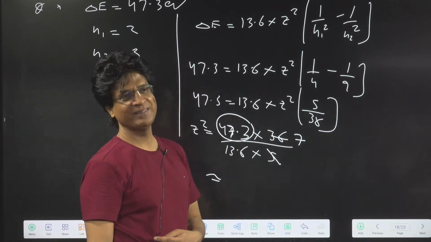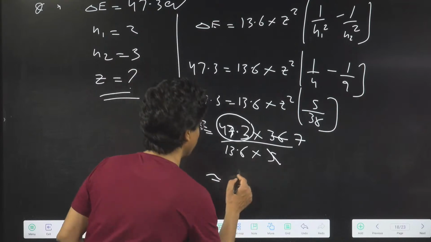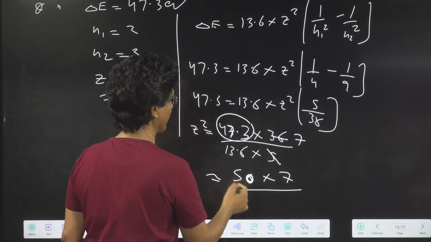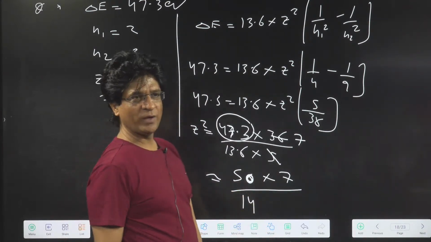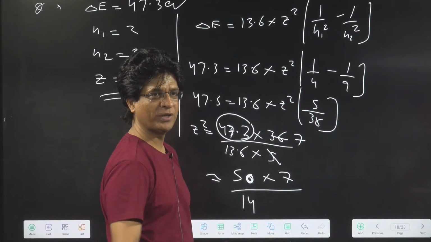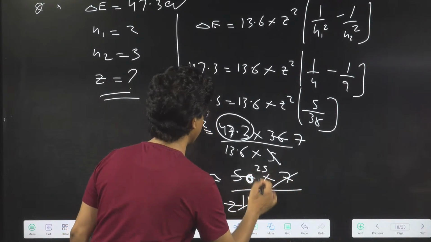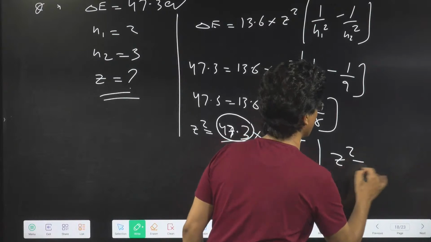Then 50 into 7, and this is 13.6, can I write 14? 7, 2s are 2, 25. So Z square is equal to 25.